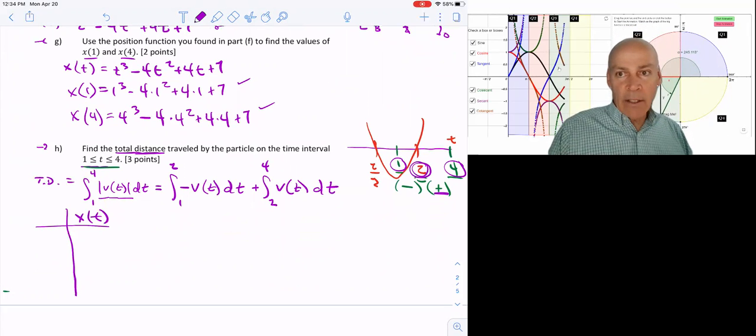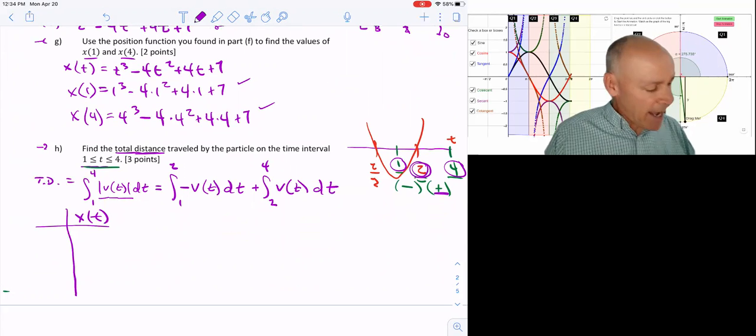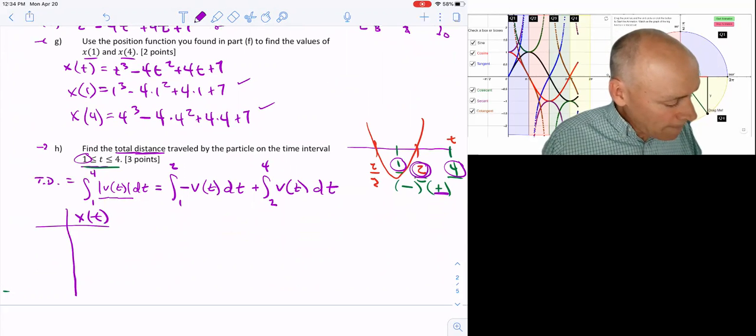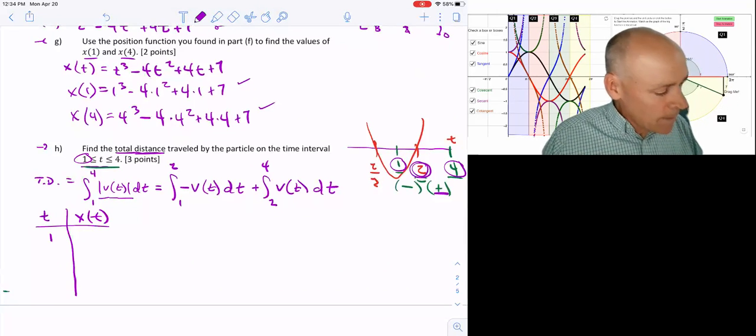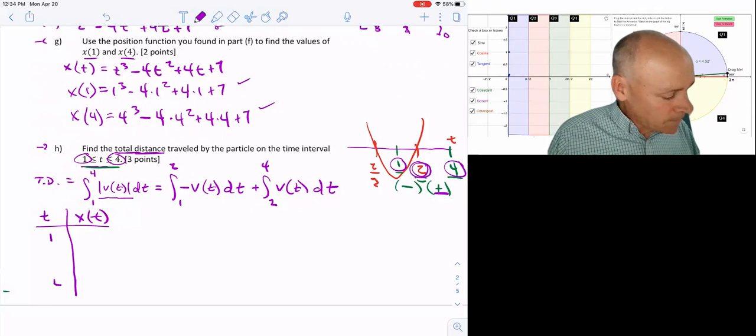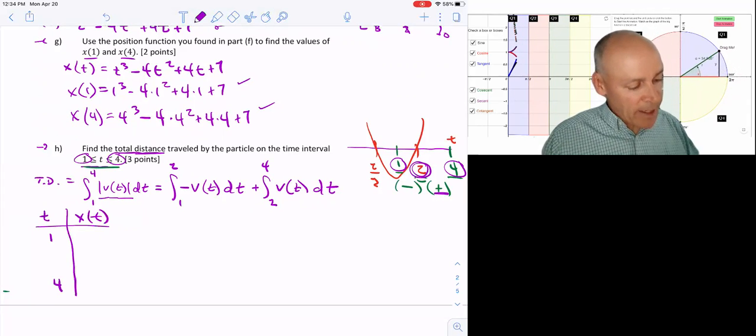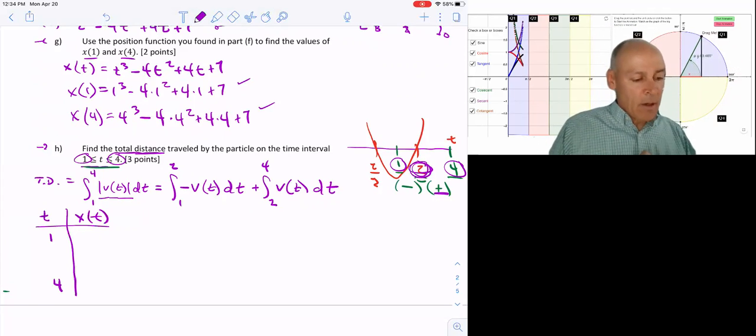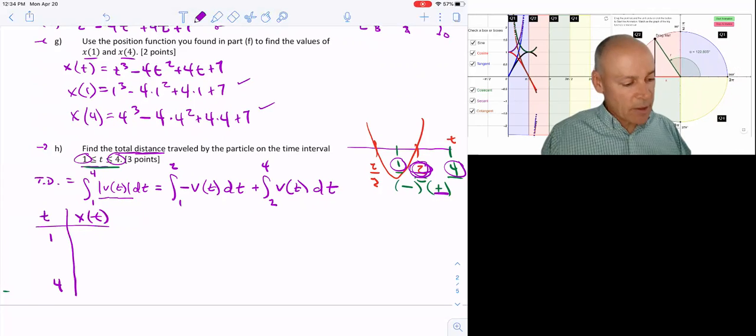The second way you could do this would be a quick table looking at the values of the position function at 1 and 4, my endpoints. But I also have to check where my particle changes direction, so I also need to look at the position at time 2.